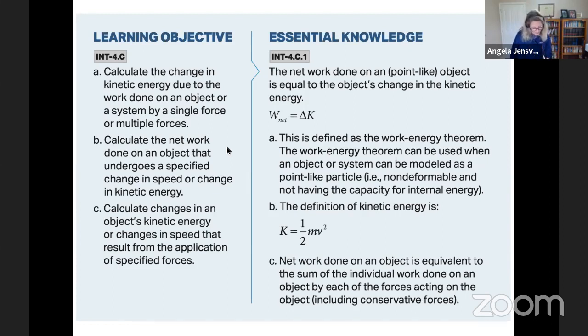Over here it says the work energy theorem can be used when an object or system can be modeled as a point-like particle, like we said before, non-deformable, not having the capacity for internal energy, right?